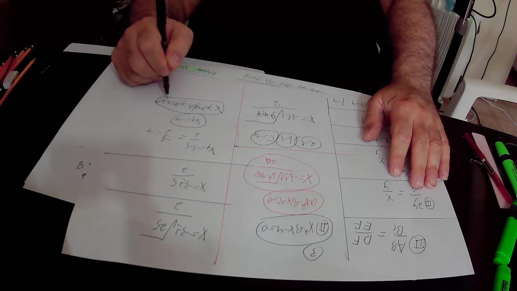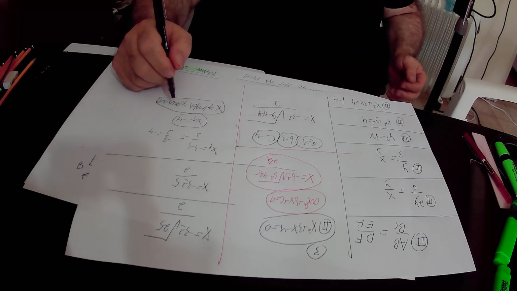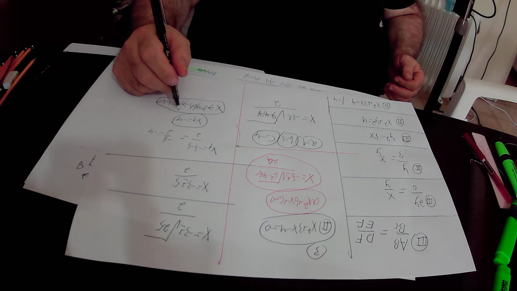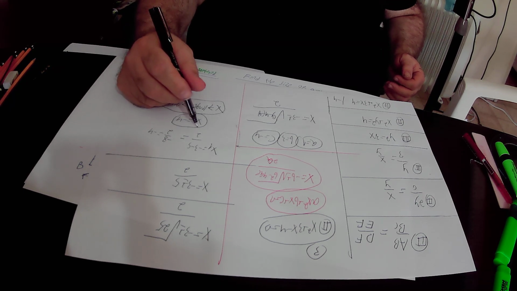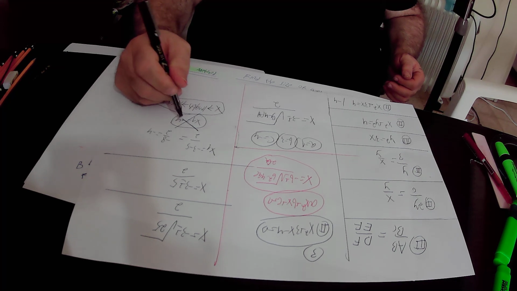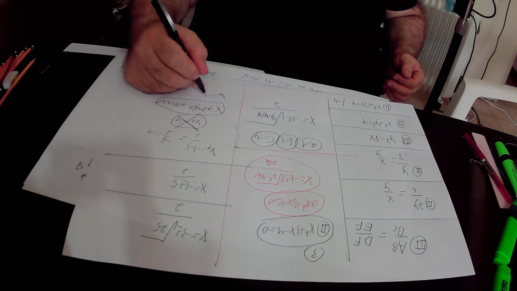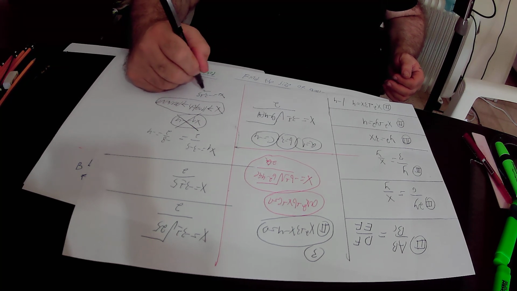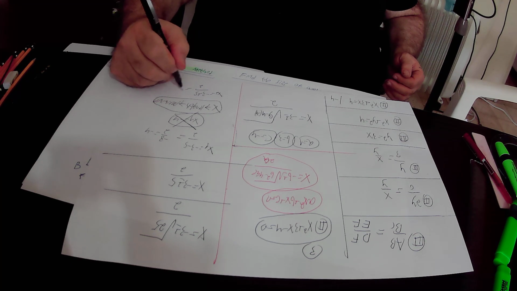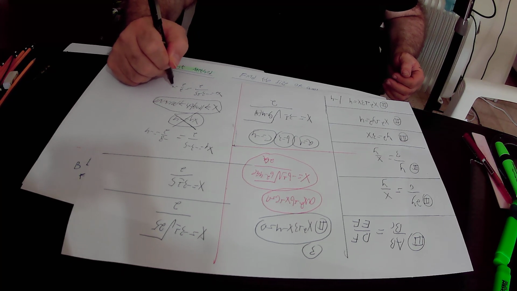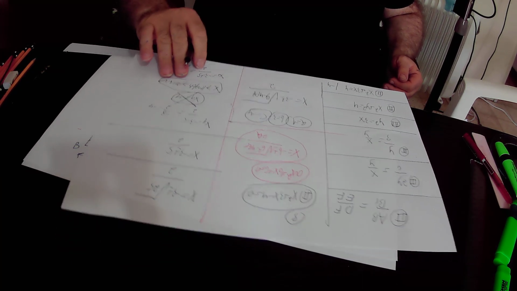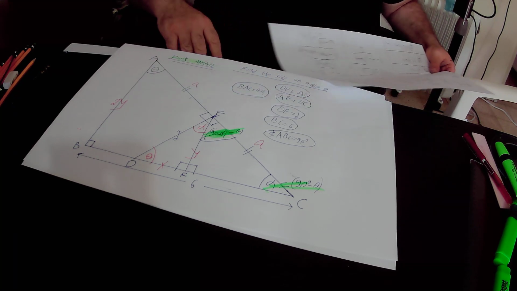Therefore x1 can never be a negative number, so x1 is an incorrect solution. We cancel this solution and we are left only with the second solution. x2 equals minus 3 plus 5 over 2. Minus 3 plus 5 is 2, 2 over 2 is 1. So x2 equals 1.